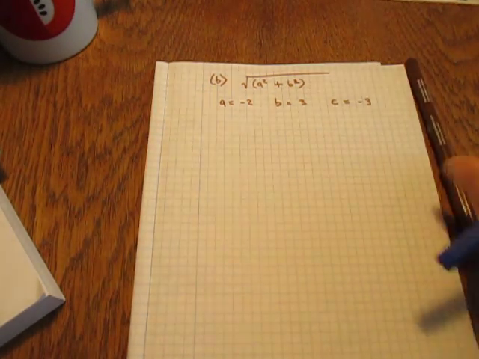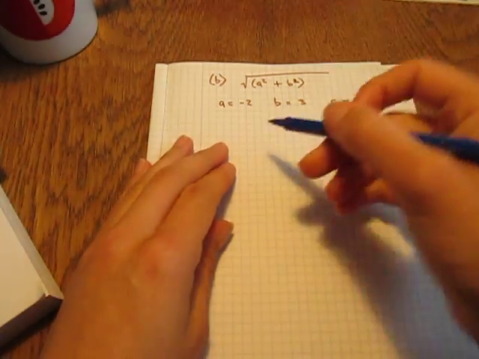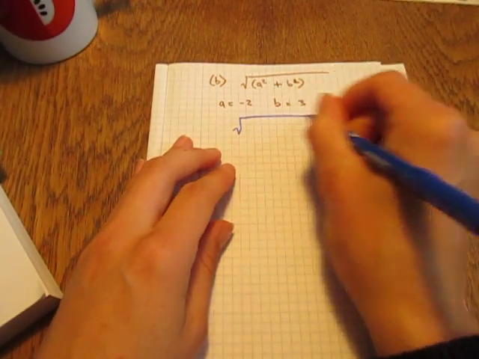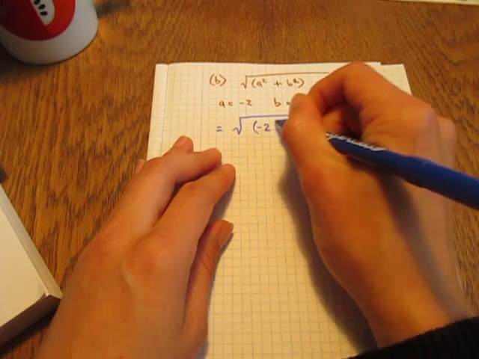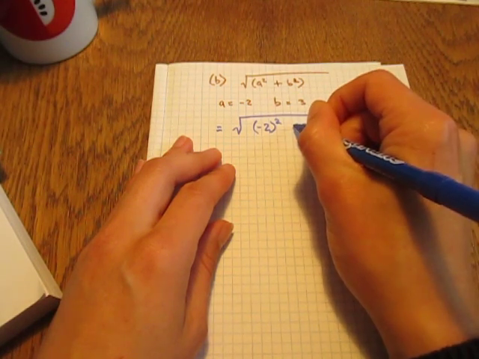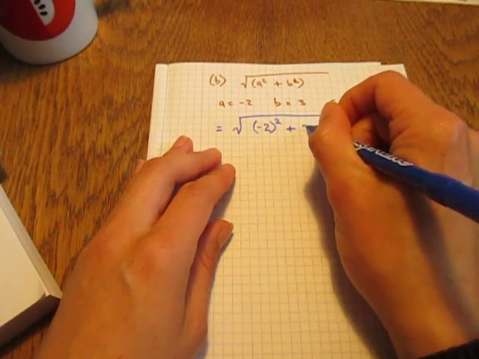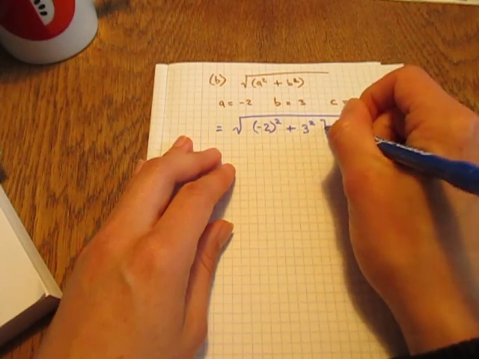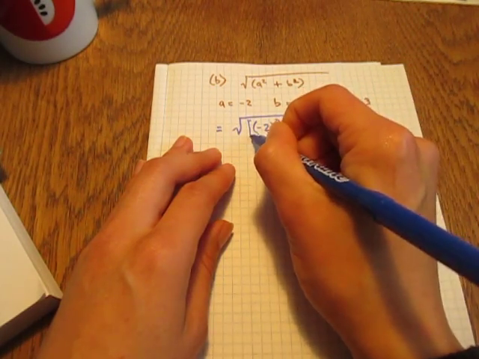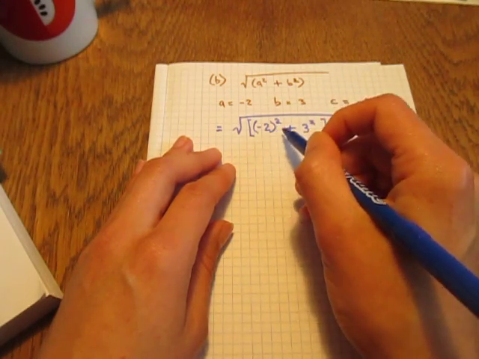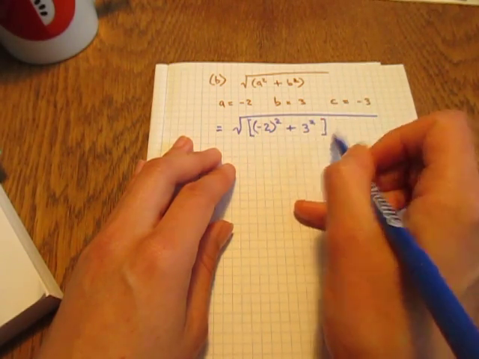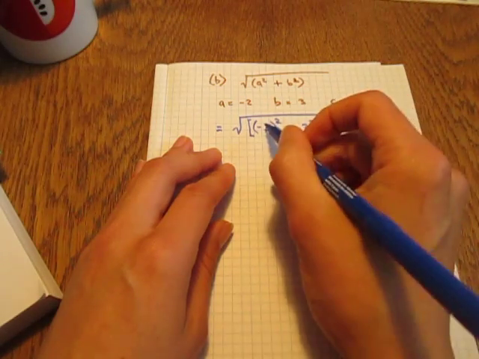So what do I do? I plug the numbers in. These square brackets are very useful. If you have more than one set of brackets, it helps you to keep your equation neat.